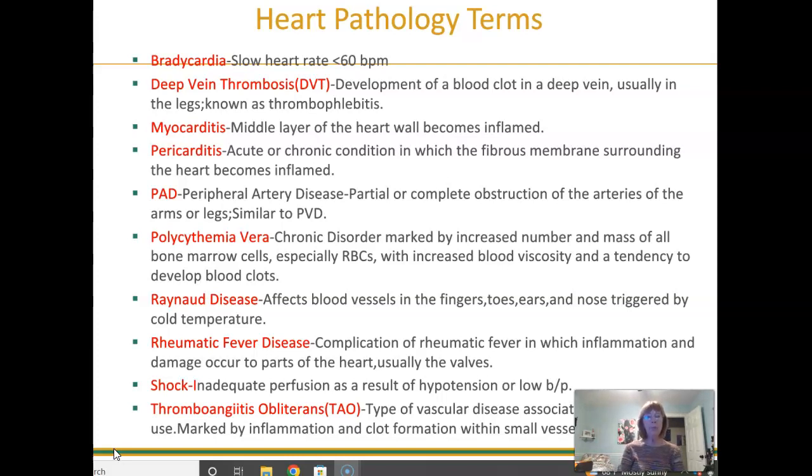TAO, thromboangiitis obliterans. I've got to tell you, I do not know this. Type of vascular disease associated with tobacco use, marked by inflammation and clot formation within small vessels of the hands and feet. Well, another reason not to smoke.